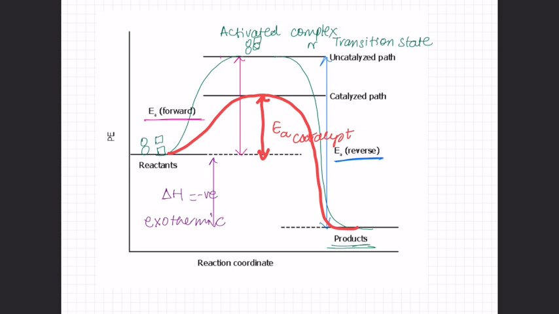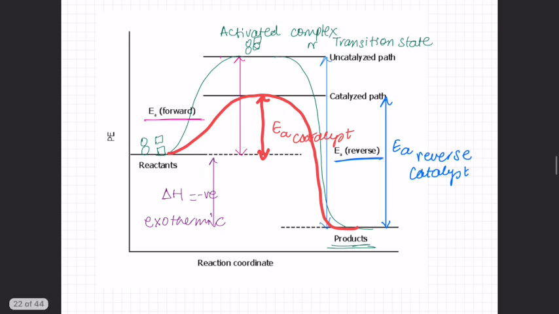More molecules can possibly cross this barrier, and hence the rate of the reaction increases. It is important to note that the catalyst decreases the activation energy for both the forward and the backward reaction by the same amount. Also, the catalyst does not change the delta H value at all.